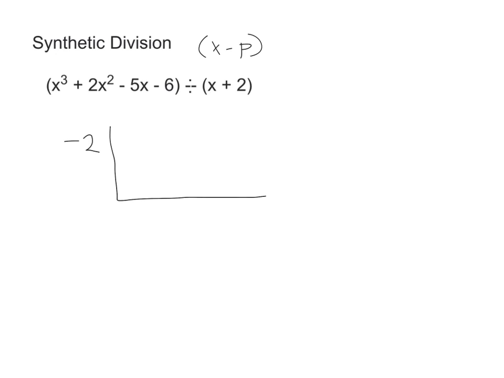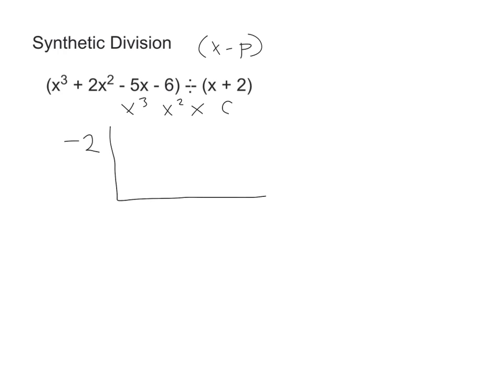Inside, I'm going to write down the coefficients of all of the variables. We need to make sure that they're written in order. So this is a cubic, so we need the x cubed coefficient, and then the x squared coefficient, and then the x coefficient, and then the constant.